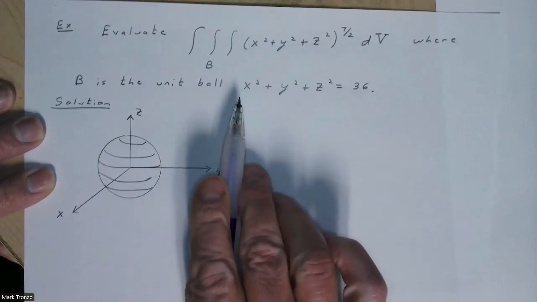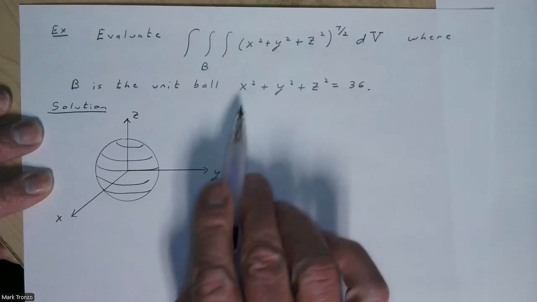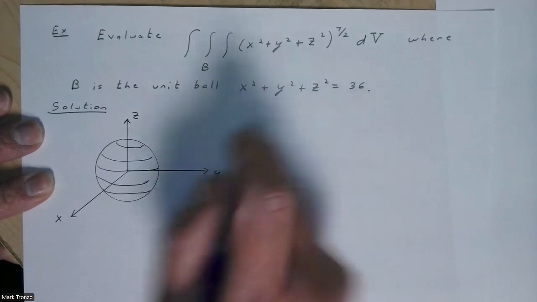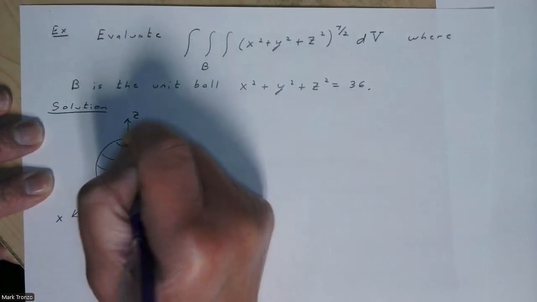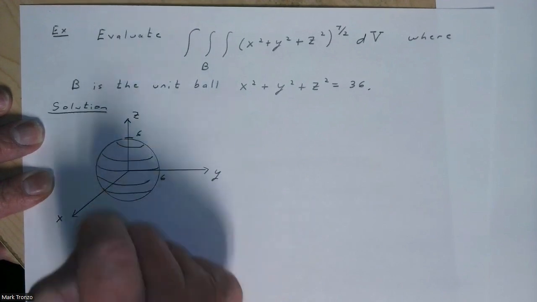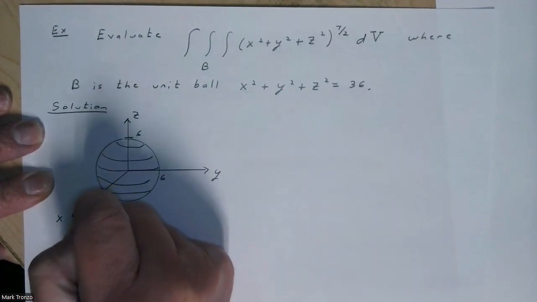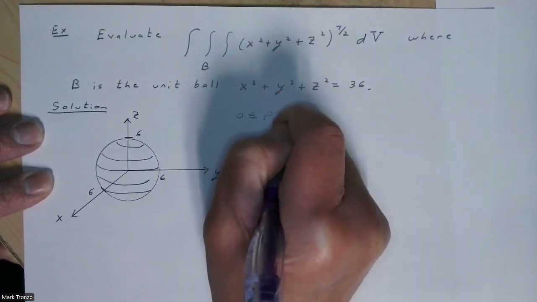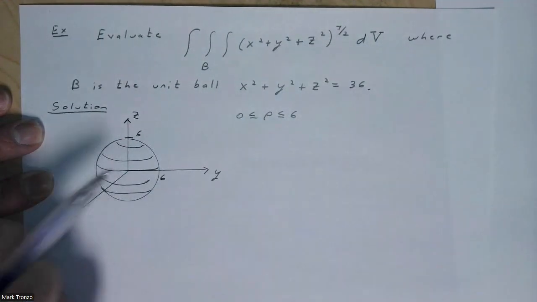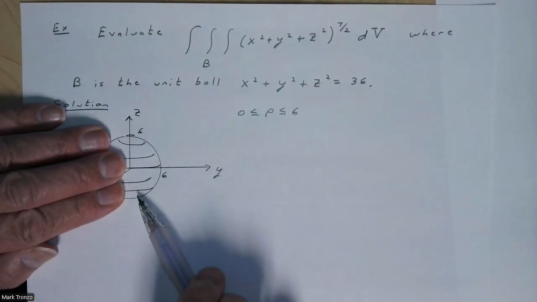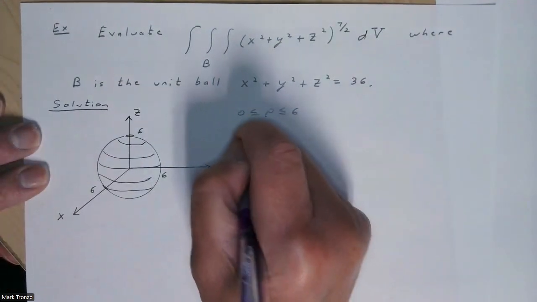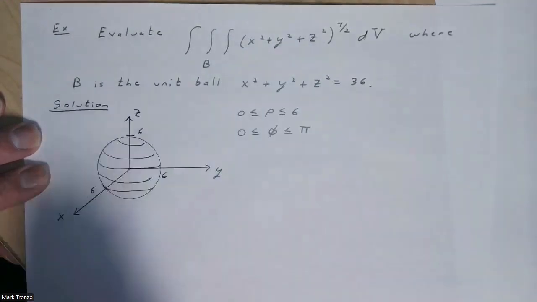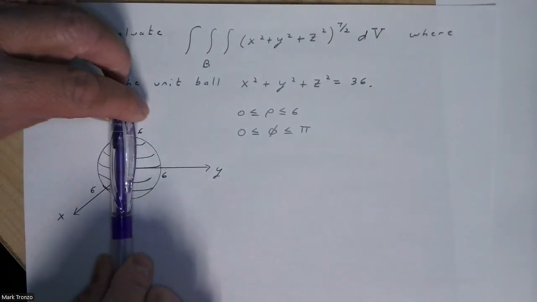And now if we want to integrate over the ball, remember, to generate this whole ball, we can go from rho equals 0 to rho equals 6. And then to generate, say, this semicircle, it will go from 0 to pi on phi, because remember, phi is measured from the positive z-axis.